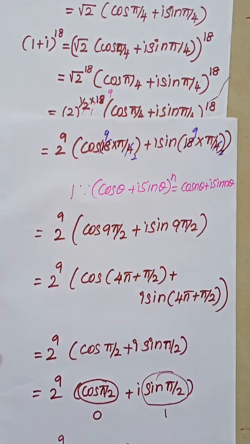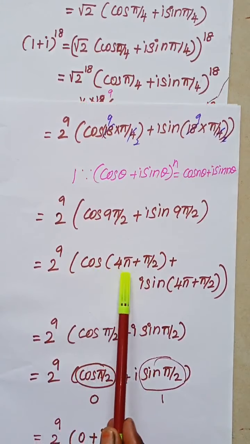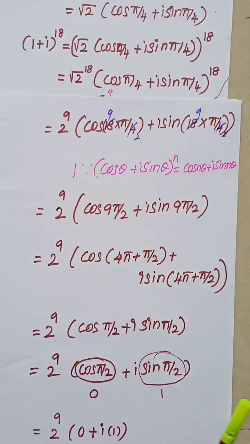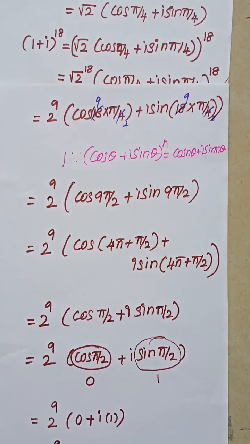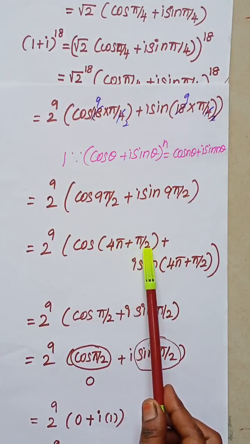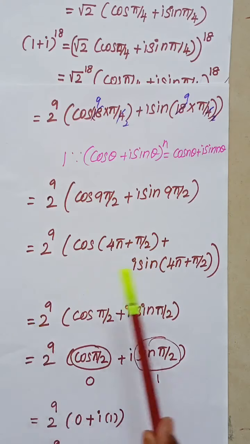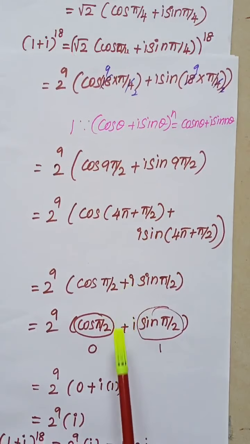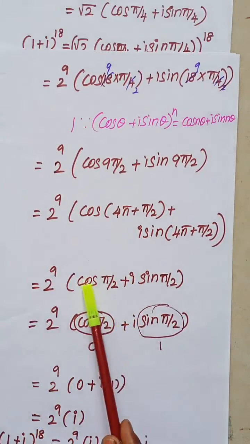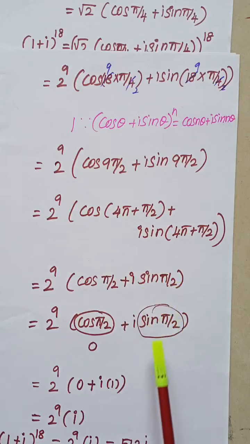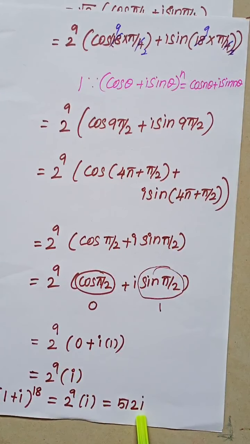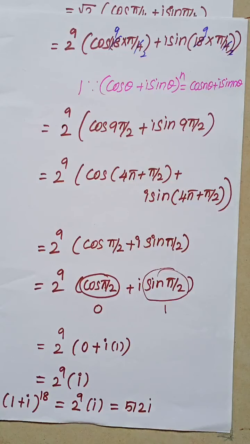We got cos of 4 pi plus pi by 2 plus i sin of 4 pi plus pi by 2. See the diagram again: 4 pi plus pi by 2 gives cos pi by 2 and sin pi by 2. Replace this and see the trigonometric table: cos pi by 2 value is 0, sin pi by 2 value is 1. Replace it, and finally we got 2 power 9 into i. 2 power 9 value is 512, so 512 into i.